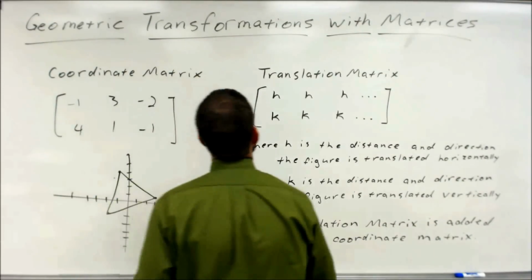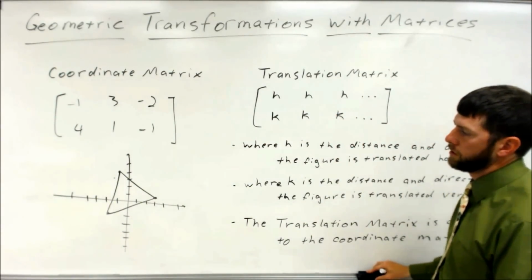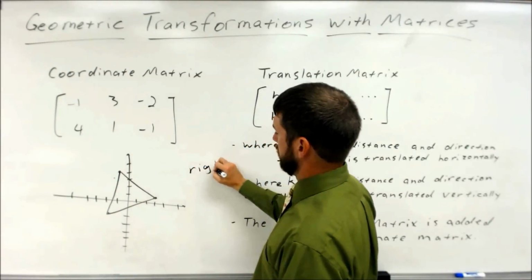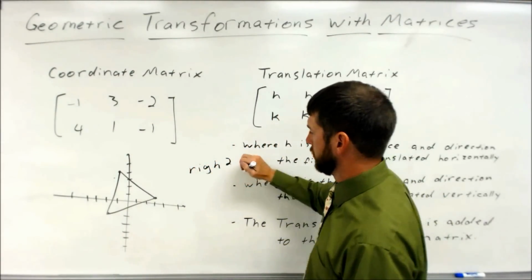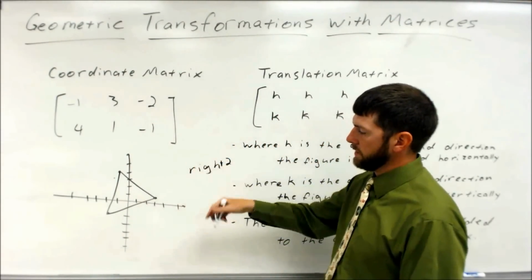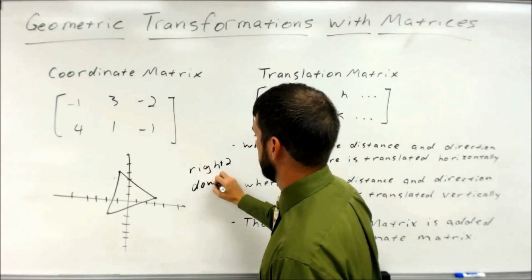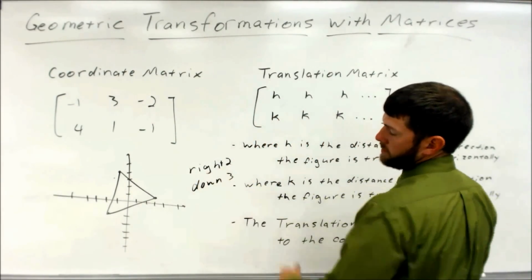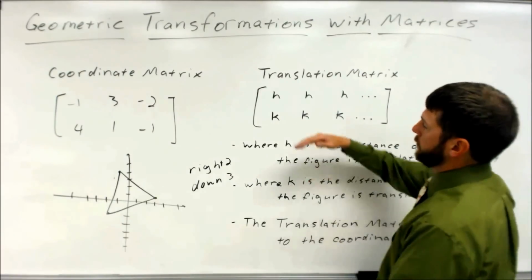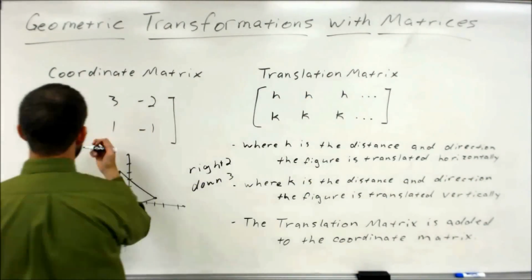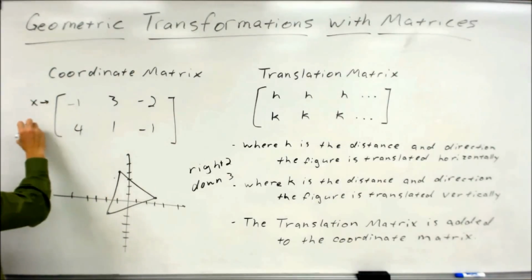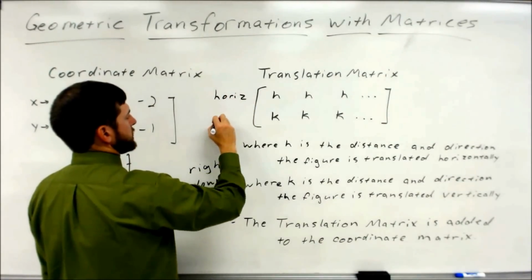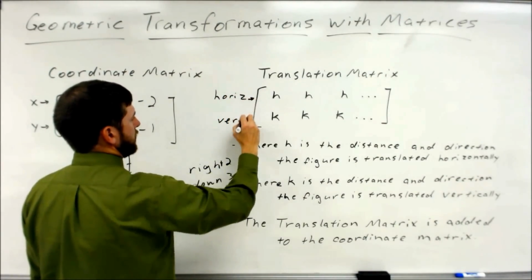Let's say that we want to move this figure right 2 and down 3. Right is a horizontal move. Since these are my x's and these are my y's, this has to be my horizontal and this has to be my vertical.